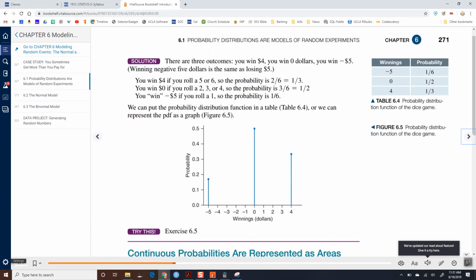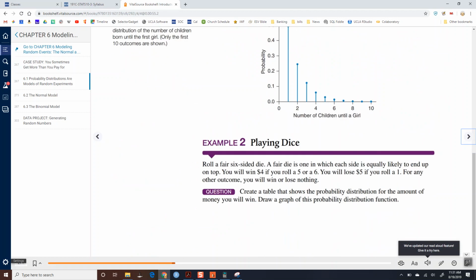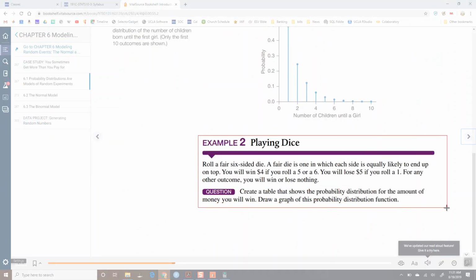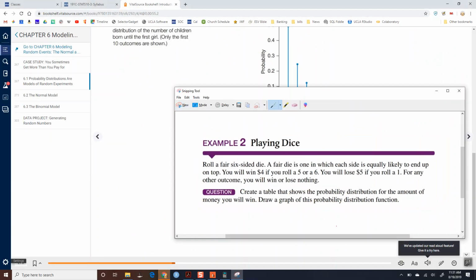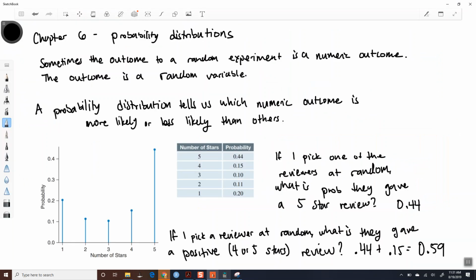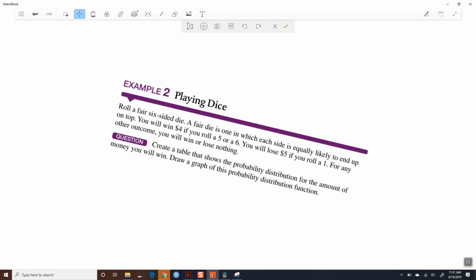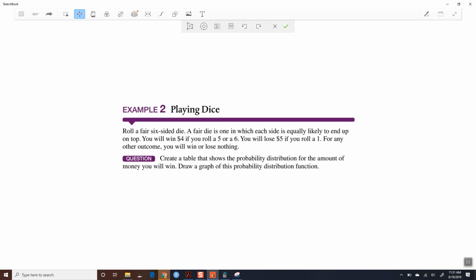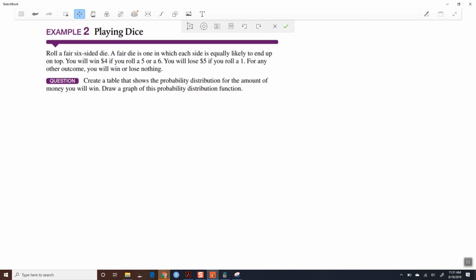Okay, so I'll just go ahead and put this in our notes here. It says roll a fair 6-sided die.